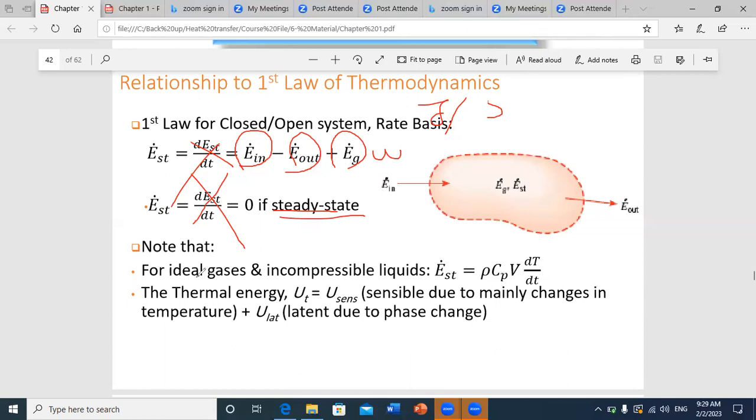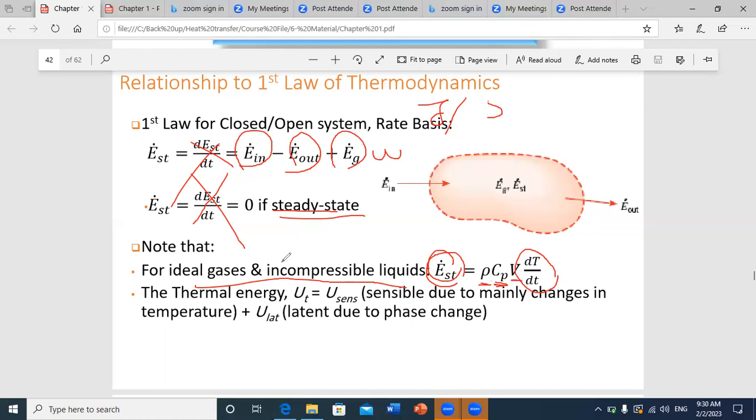Now, how to account for the stored term? In general, for ideal gases and incompressible liquids, you can write the rate of energy storage as rho Cp V times the derivative of temperature with respect to time. So you can link the storage of energy to the variation of temperature with respect to time through this term, where rho represents the density, Cp is the specific heat, which is a characteristic of the material, and V is the volume.